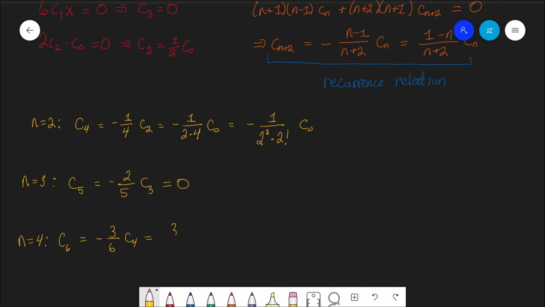So it's 3 times 1 over 2 squared times 2 times 6. And this equals C0, which equals 3 times 1 over 2 cubed times 3 factorial, C sub 0.